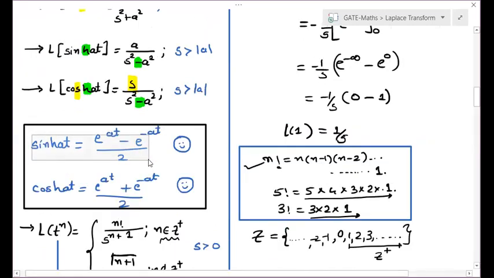Sine hyperbolic is e to the power at minus e to the power minus at by 2, and cos hyperbolic is e to the power at plus e to the power minus at by 2. So sinh theta is equal to e to the power theta minus e to the power minus theta by 2.